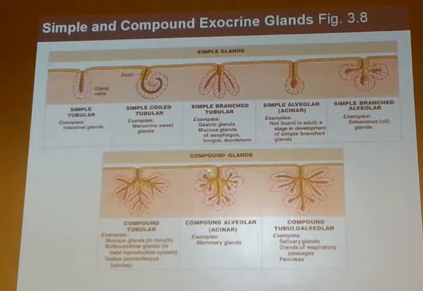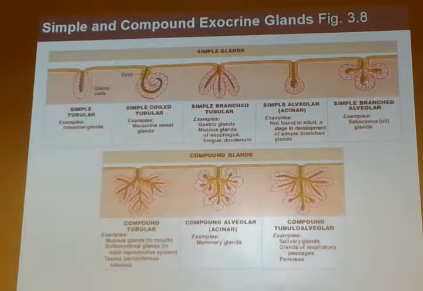If it's branched and you have multiple ducts and the secretory cells are in a round ball, then it's a compound alveolar or a compound acinar. A single duct versus compound, so multiple ducts. You see that in the mammary glands.